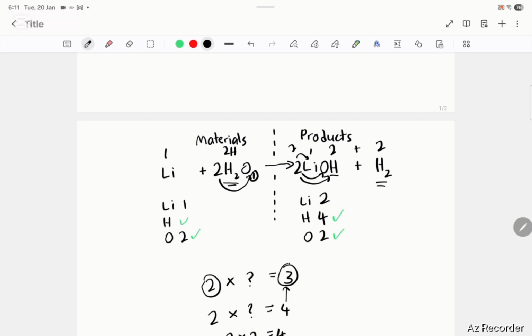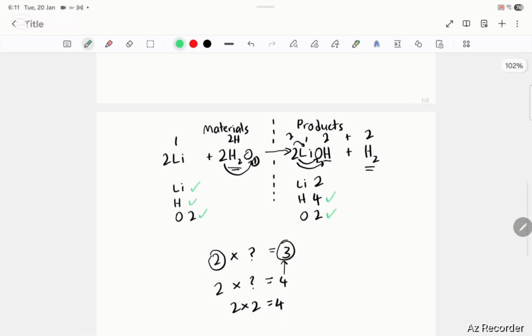On the left side we have 1, and on the right side we have 2. So how do we balance that? We just multiply the left by 2, and just like that we've got it. So 2 on the left and 2 on the right. So just like that, we have balanced our first chemical equation.